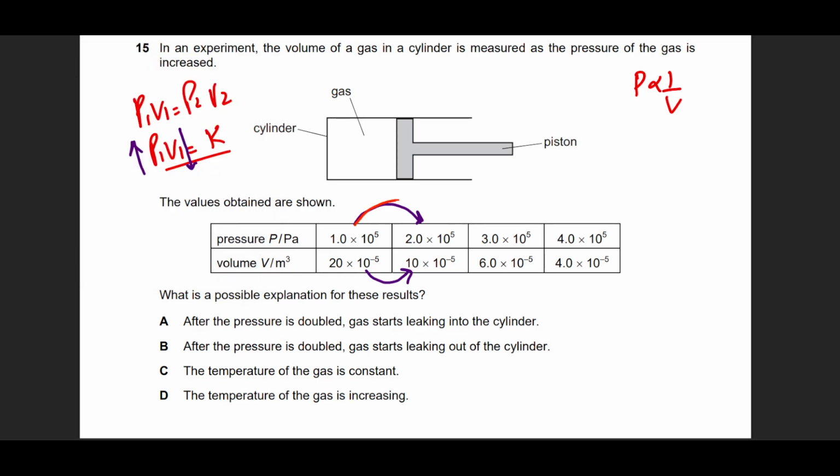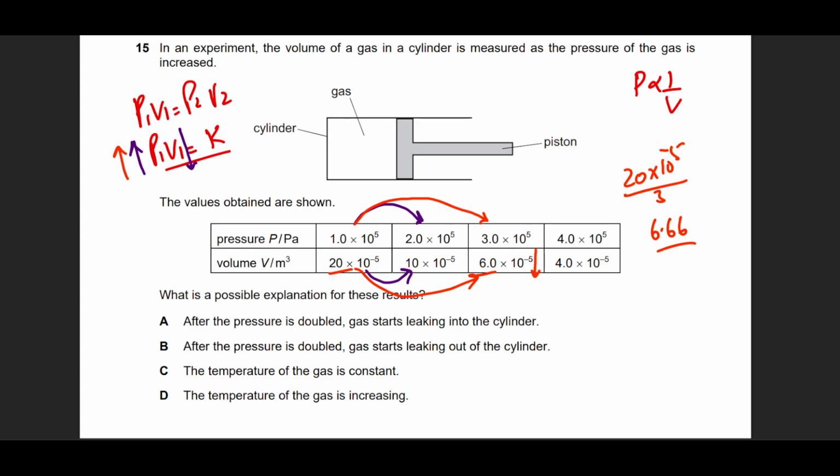Now, when you increase the pressure, sorry, by 3 times, the volume should have decreased by 3 times. So 20 into 10 raised to the power minus 5 divided by 3, the answer was supposed to be 6.66, but the answer is 6.0 something, which means that something is wrong. Is the volume greater than expected or less than expected?